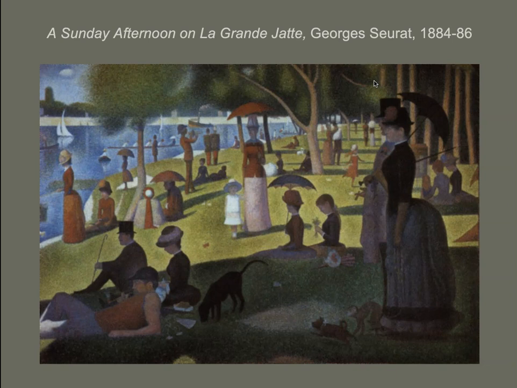And if you get up close to this, you're going to see just tiny little dots. And then when you move further away, that's the only time that you can actually see what's going on as the colors then mix together. So, for example, if we were to look at an area in the grass, like this light area right here, there's probably a dot of green next to a dot of yellow.